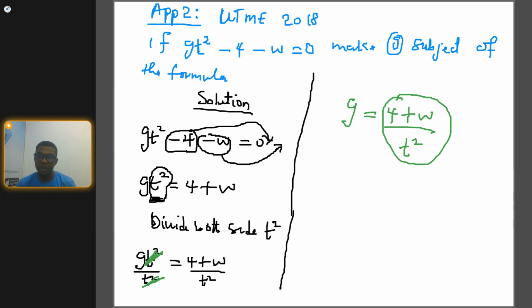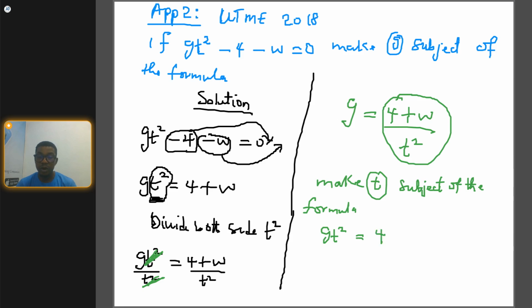Okay, now I quickly want us to do one more. Let's assume now from here, I said make T the subject of the formula. So I'm going to pick it from here. We're having TG squared equals 4 plus W. Now, in this case, I want to make letter T the variable of focus.